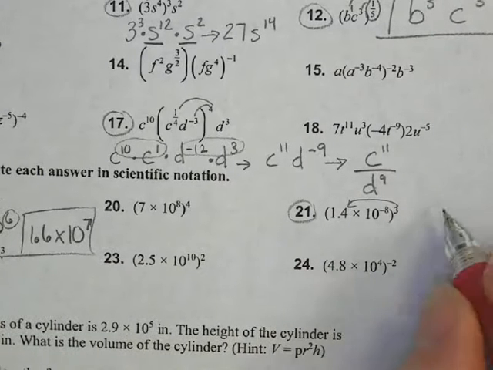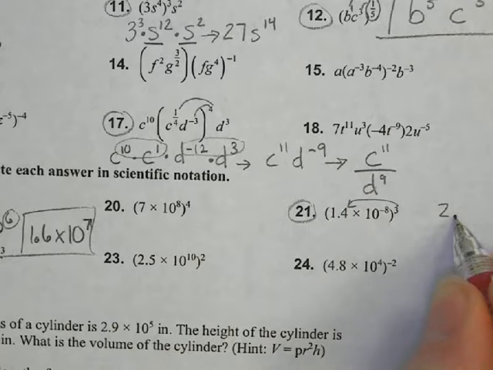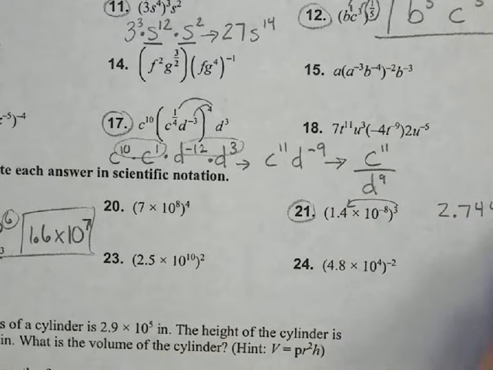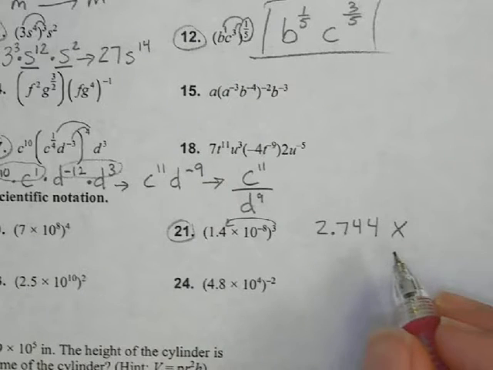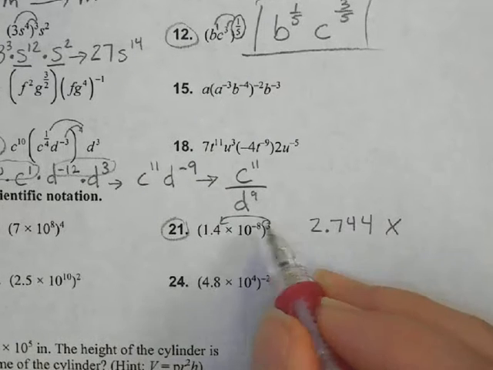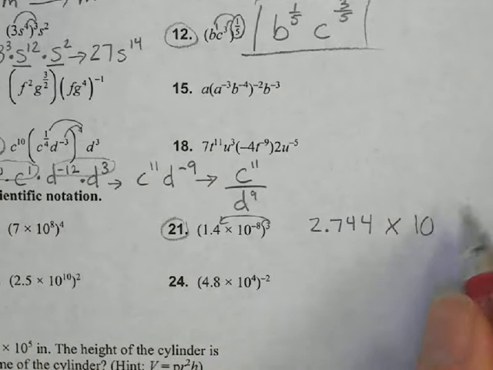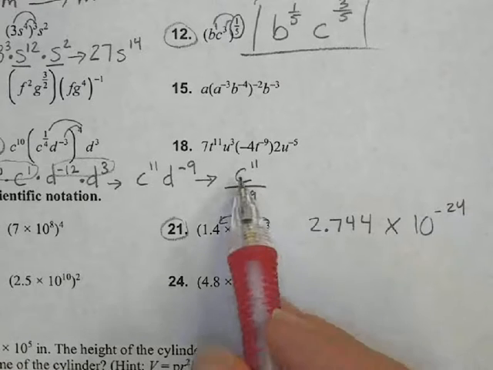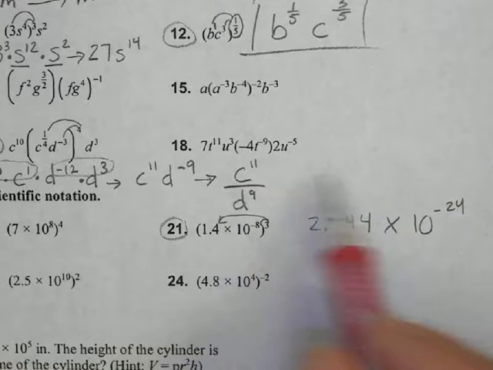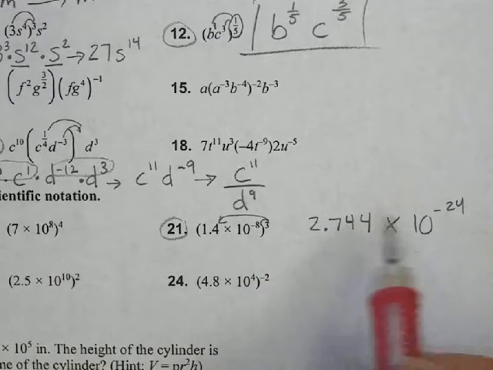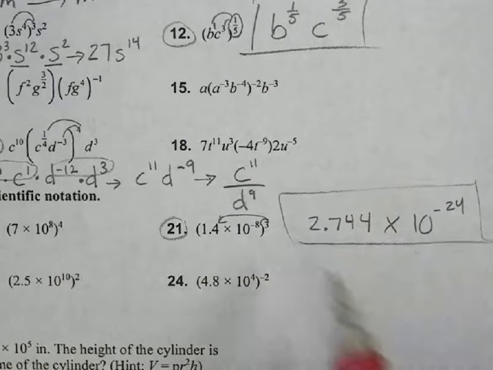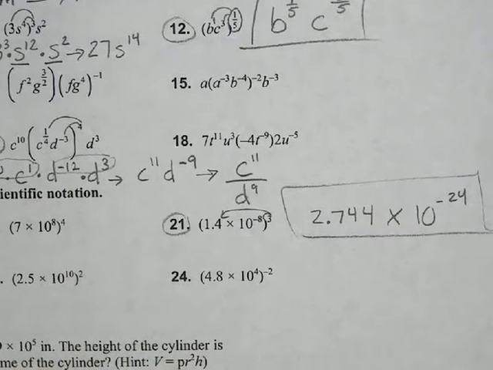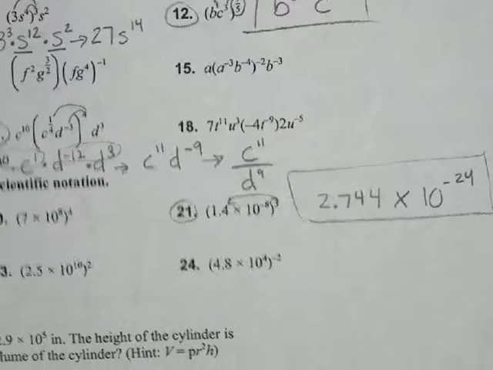When I multiply that out, what I end up with is 2.744 times, and 3 times the negative 8 is 10 to the negative 24th. Alright? And remember up here we had to move things around. We wanted no negatives in the numerator. This is scientific notation, so we just leave it like that. We don't have to worry about changing stuff, so we'll just leave it.